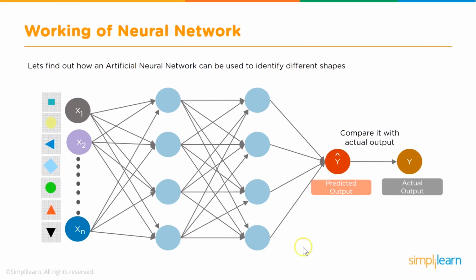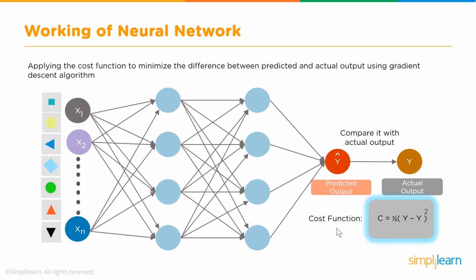Alright, so as a part of the training process, we feed the inputs, the labeled data or the training data, and then it gives an output, which is the predicted output by the network, which we indicate as y hat, and then there is the labeled data, because for supervised learning we already know what should be the output, so that is the actual output. In the initial process before the training is complete, obviously there will be error, so that is measured by what is known as a cost function. The difference between the predicted output and the actual output is the error, and the cost function can be defined in different ways.